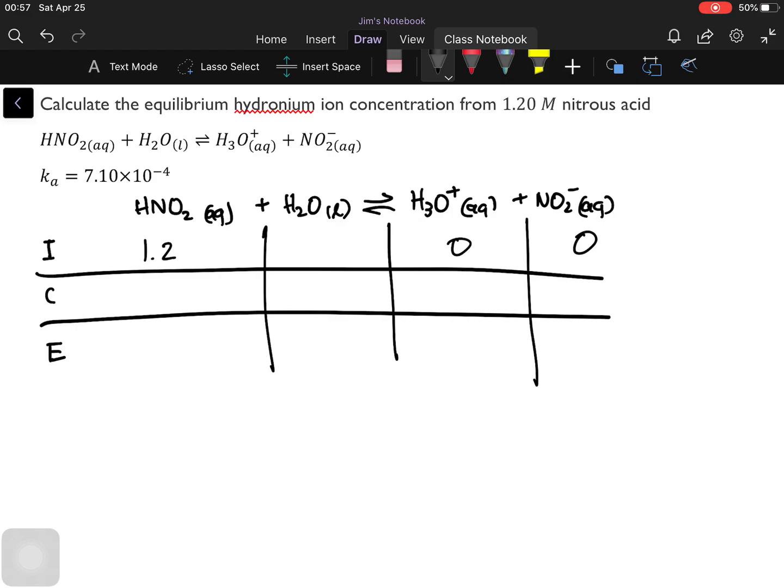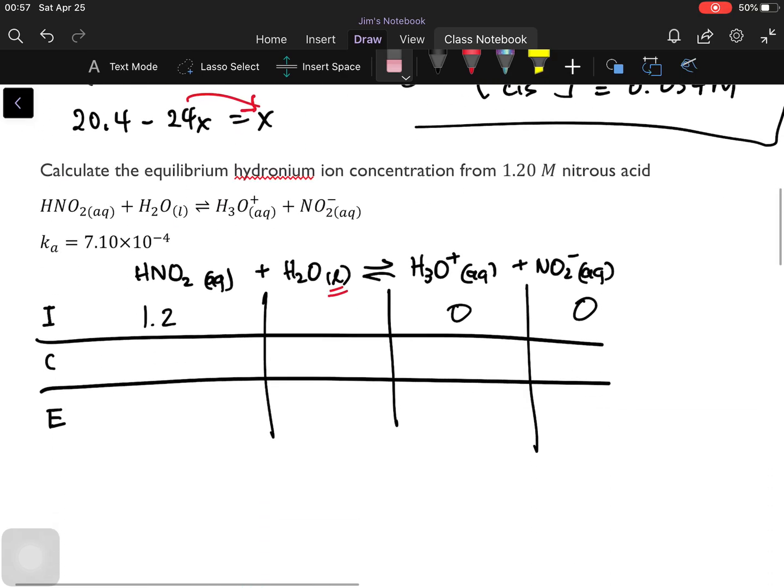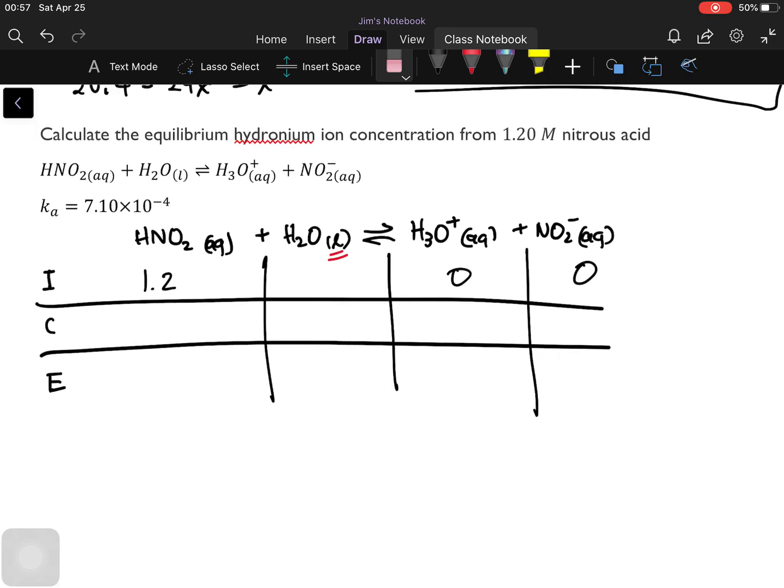How about water? As you can see here, water is in the liquid state. Do we have to write water in the equilibrium expression? The answer is no. We are not going to write liquids and solids in equilibrium expressions.